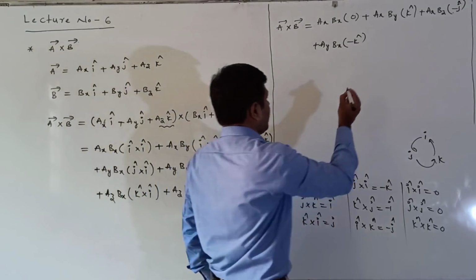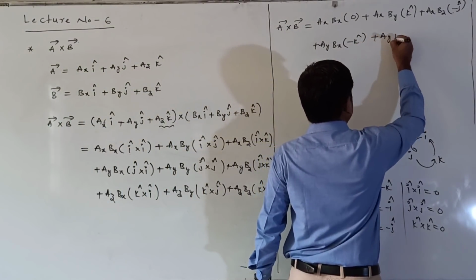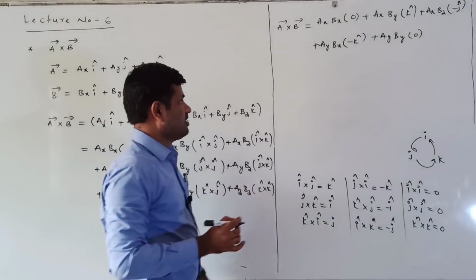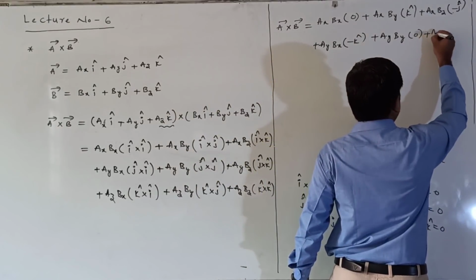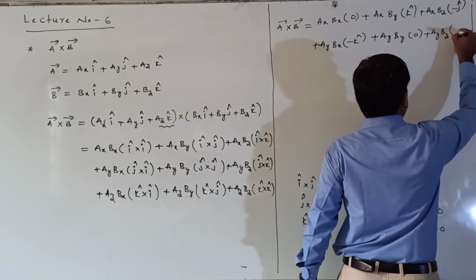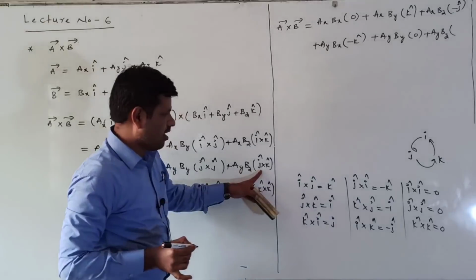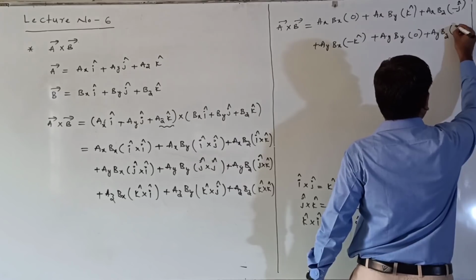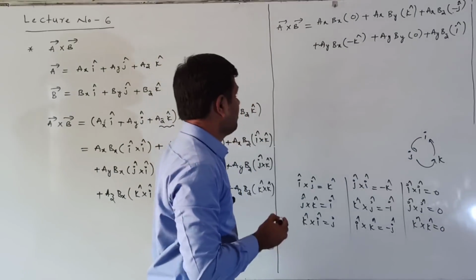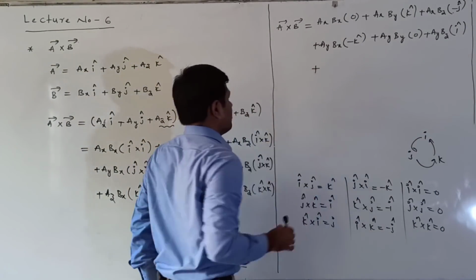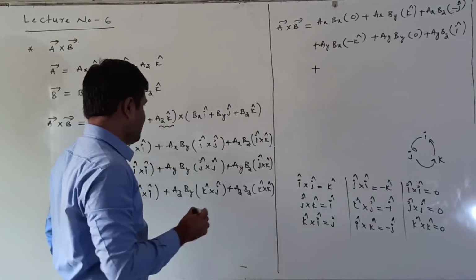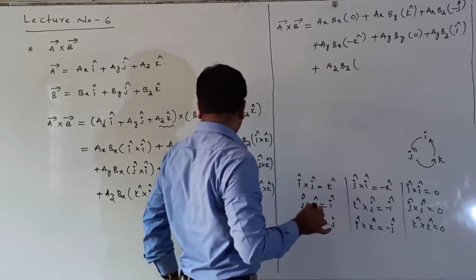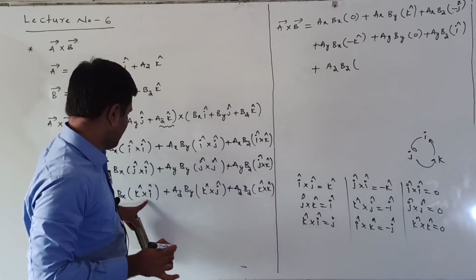Next AY BY into J cap cross J cap is equal to 0. Next AY BZ into J cap cross K cap. J cap cross K cap is equal to I cap. Okay, plus next AZ BX into K cap cross I cap is equal to what is here?